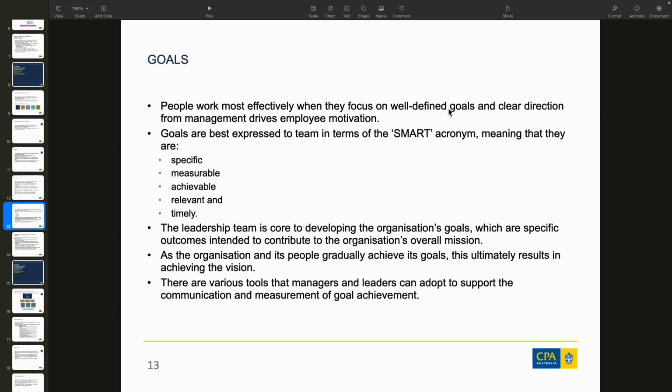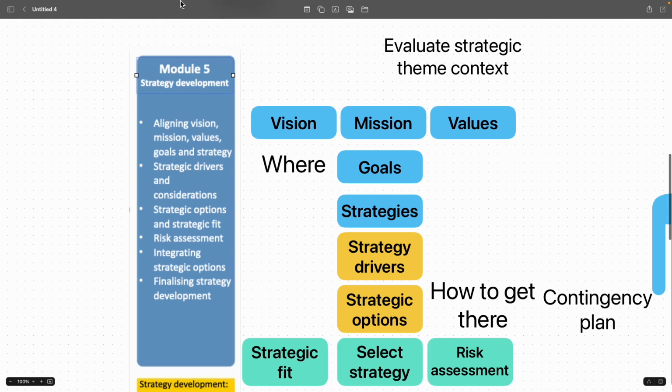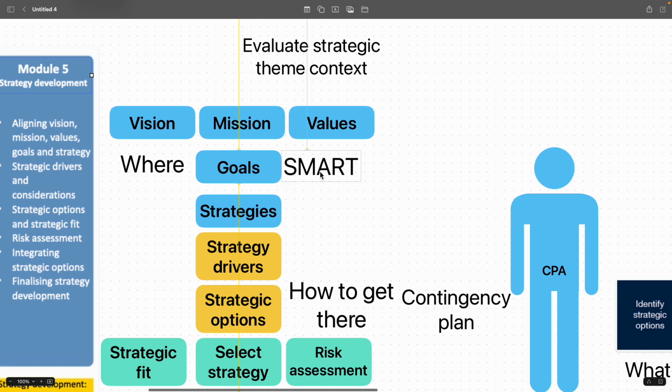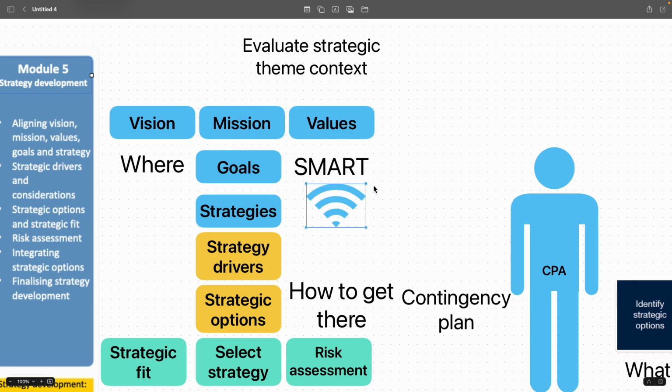So number one, you do need to think about how to communicate the goals. Okay, so you have this. This one has to be this word called SMART. Okay, plus this needs to be communicated to everybody properly.